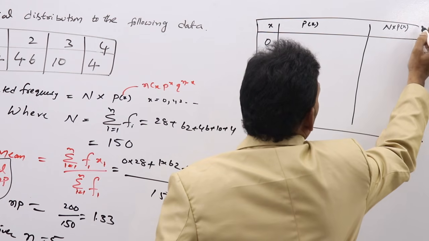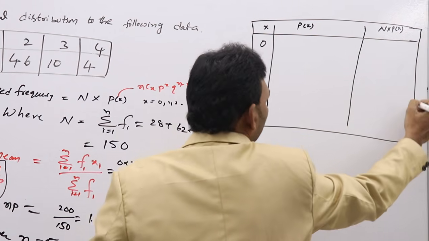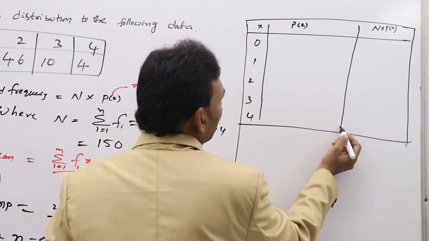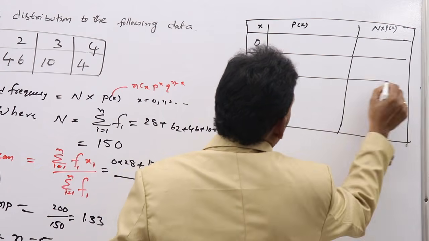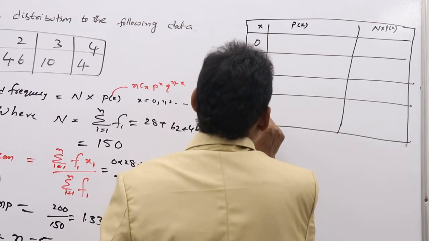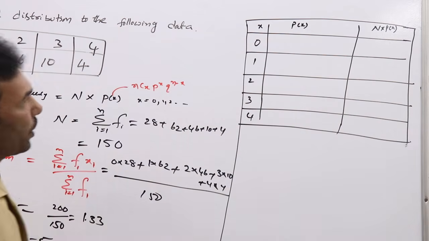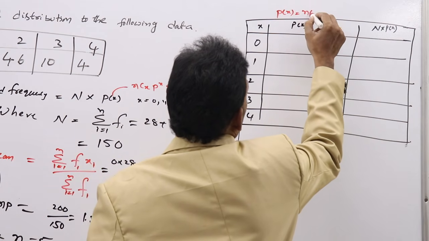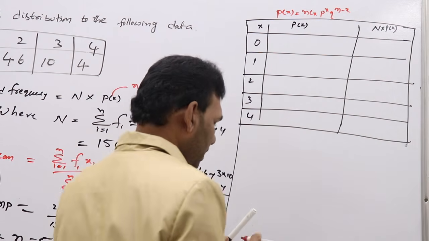This we are evaluating. For 0, what is the expected frequency? For 1, 2, 3, 4, we are finding. P of x we know. P of x has the formula nCx, p power x, q power n minus x.